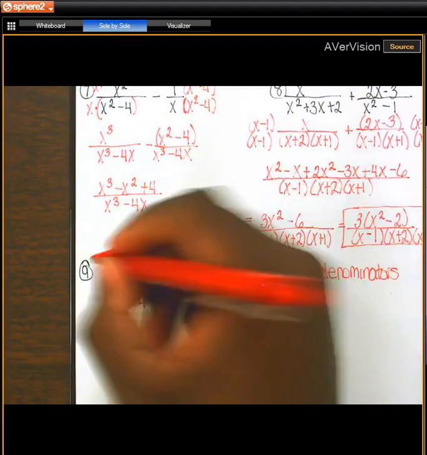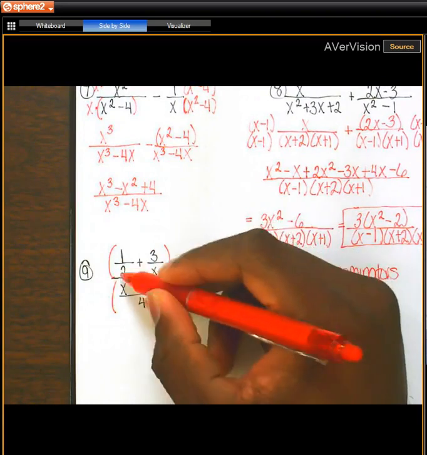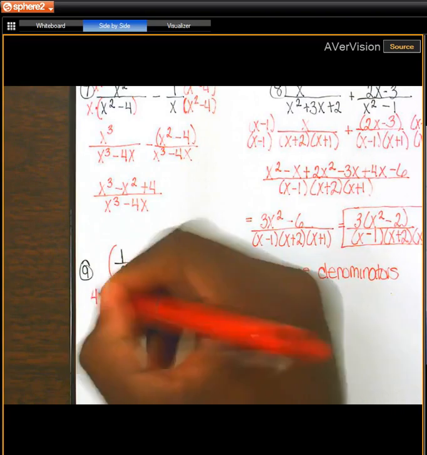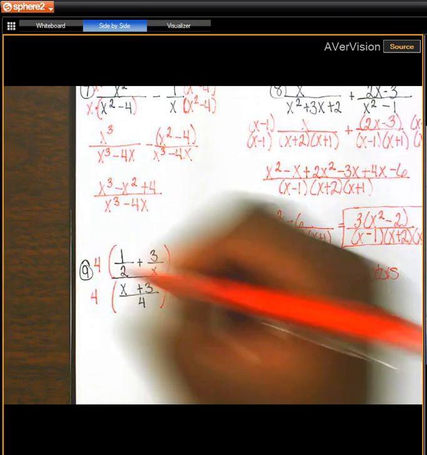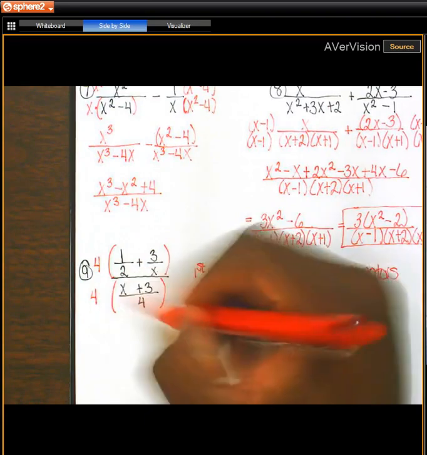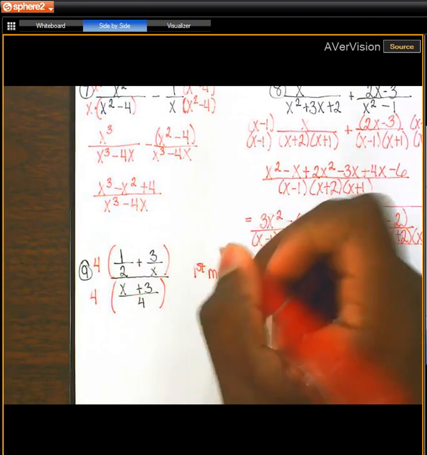I'm going to just show you. So in order to get rid of the 2 and the 4, we would have to multiply by 4, right? I'll just work it out and show you.